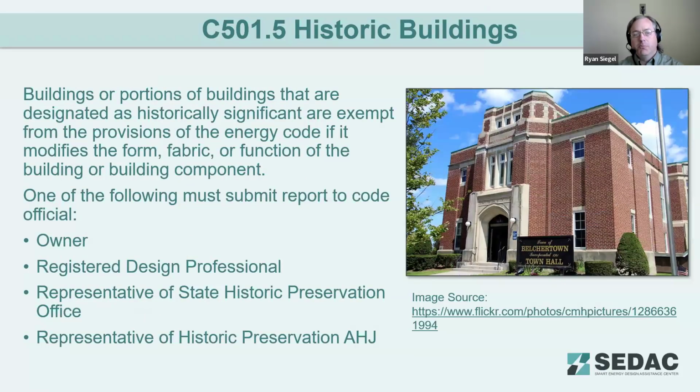And what that code compliance looks like is, if they are designated as significant, they are exempt from the specific provisions if it modifies the form, fabric, or function of the building or building component that is related to their historic designation.